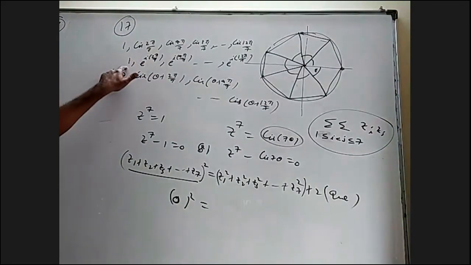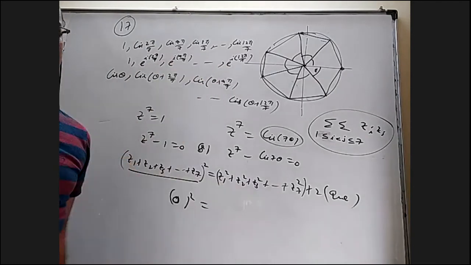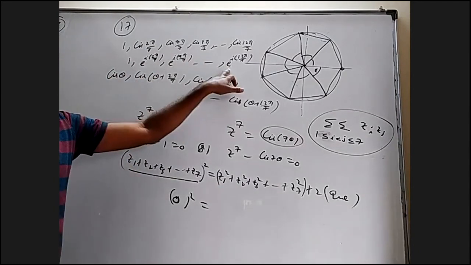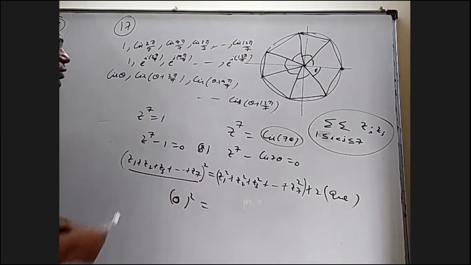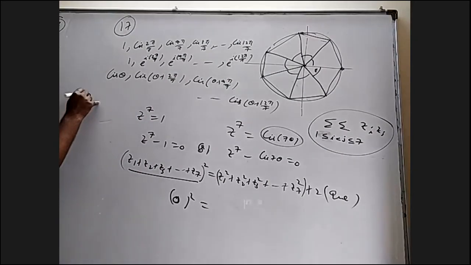This by this is e power i into 2 pi by 7. This by this comes to e power i into 2 pi by 7. This by this also, they are in GP. When you take sum of all these things, you are going to get a into 1 minus r power n by 1 minus r, or a into r power n minus 1 by r minus 1. But interestingly, r power n and 1 are same. That's why it is 0.